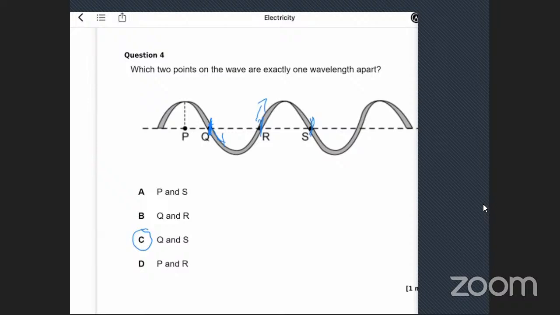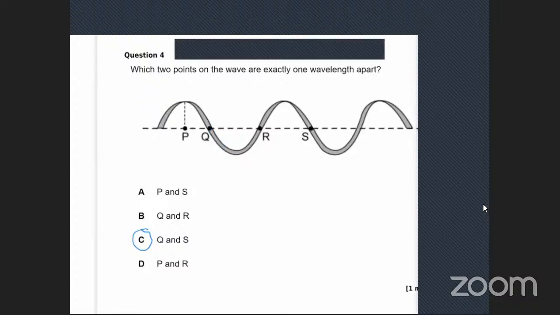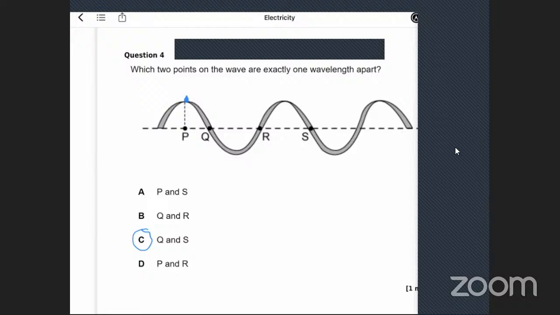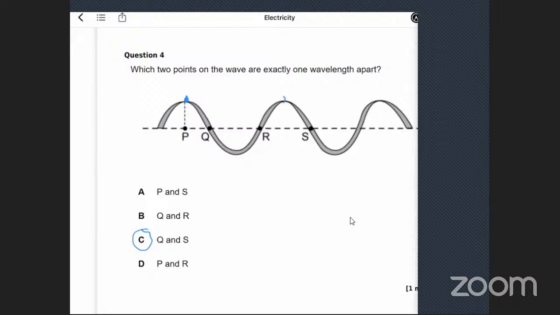Are we following? Does that make sense? Yes, sir. So another way I can explain it is looking at your troughs. So if you look at the top part of the wave, this point here. So let's say we started at P. So the next point of the wave would be at the top there, between R and S. That is one wavelength, right?